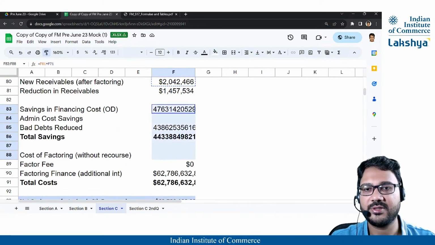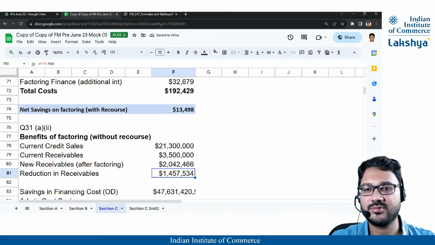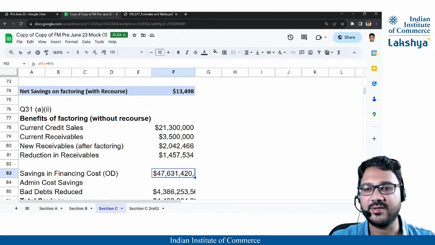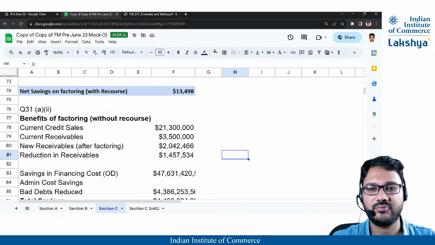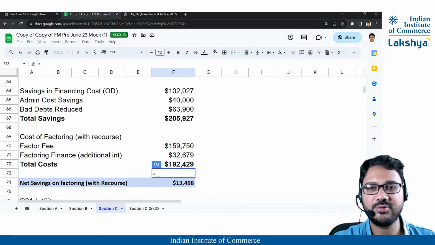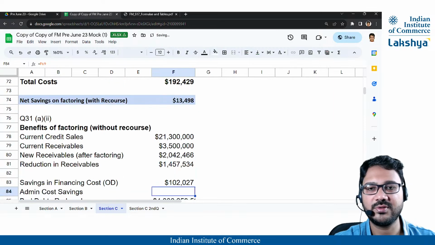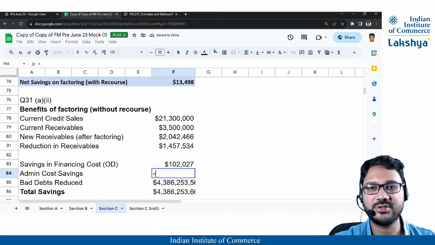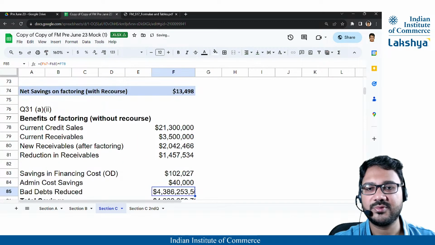Let me just format all of these. So savings in financing the OD will also be the same. Basically only one number will change. Admin costs saved will be the same.